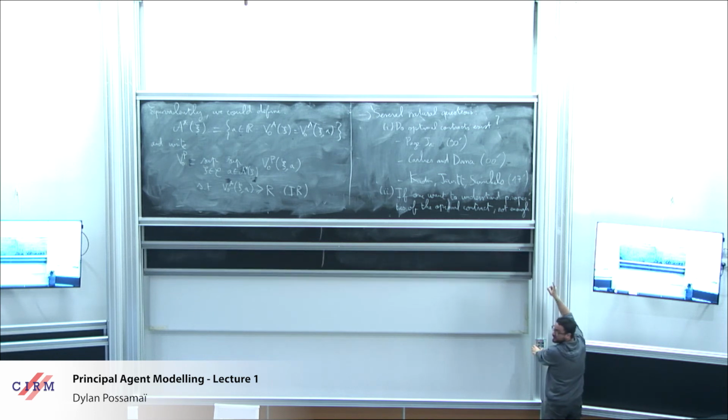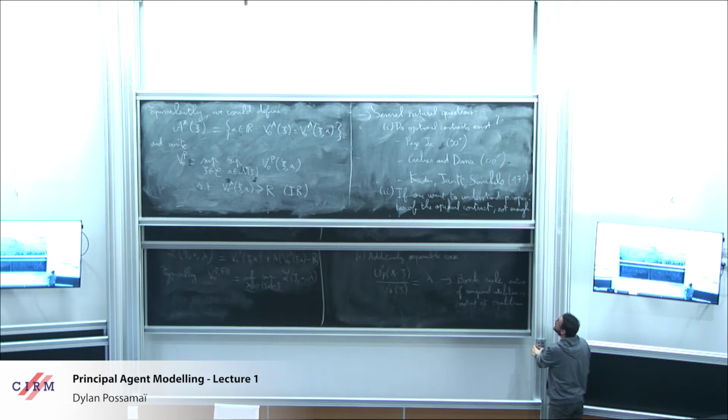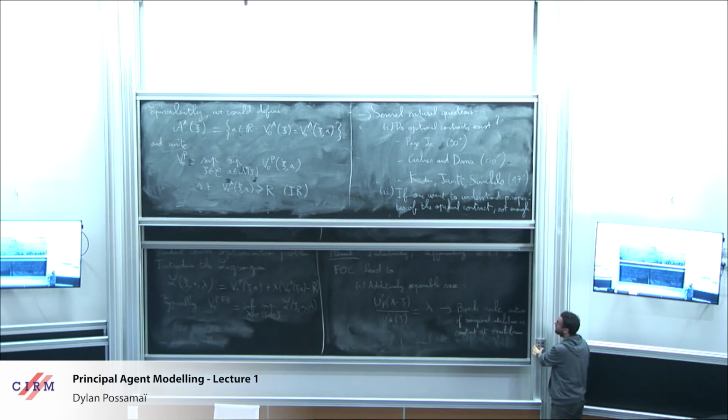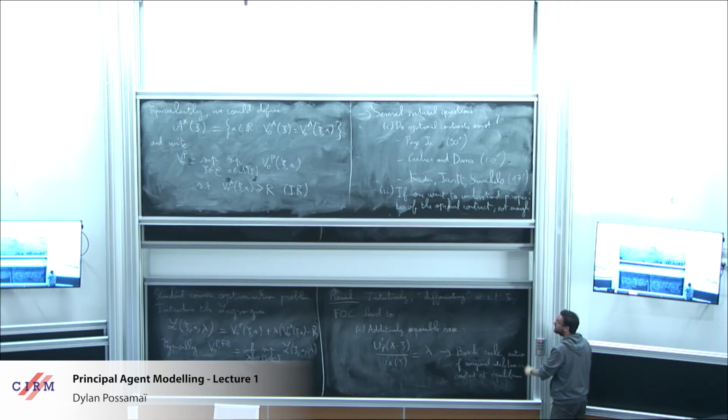So my problem is the IC constraint, and I told you the problem is that, in general, that constraint is infinite dimensional. Well, what Grossman and Hart do is say, okay, well, it's infinite dimensional because I assume that I have infinitely many, uncountably many possible values for efforts. So they just say, okay, let's take cases where X has actually a discrete distribution, can take only finitely many values.